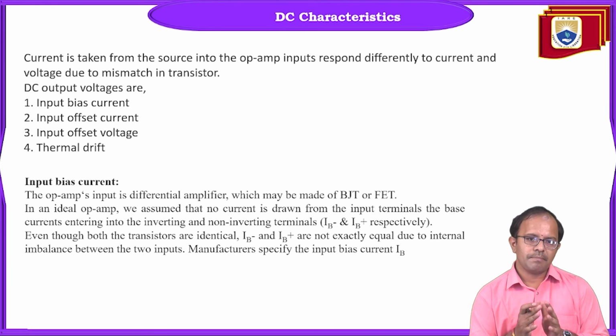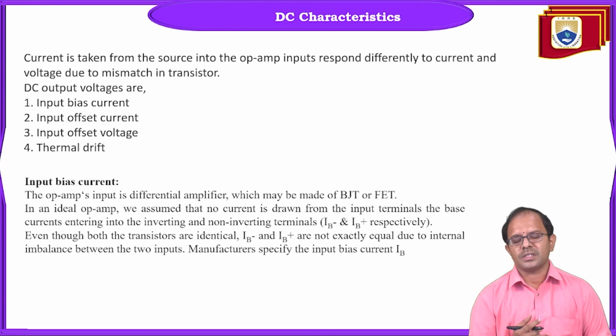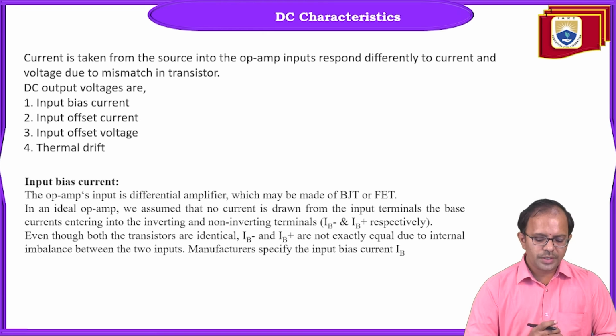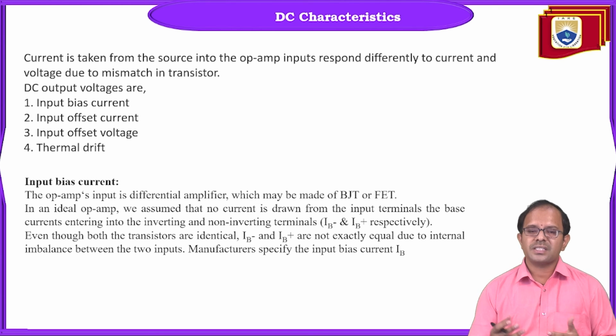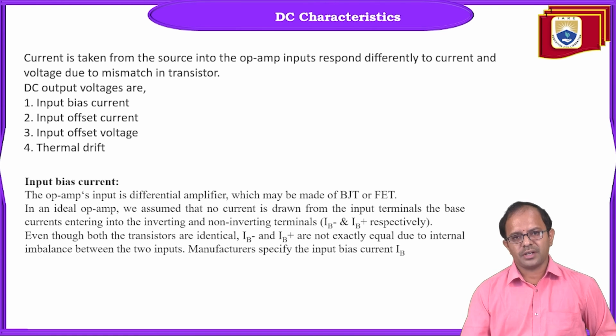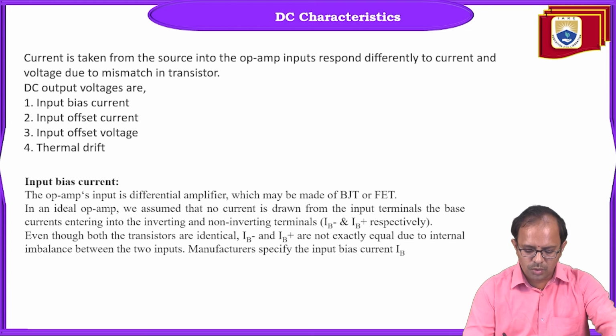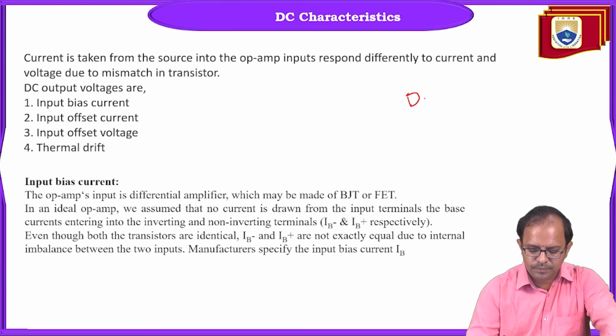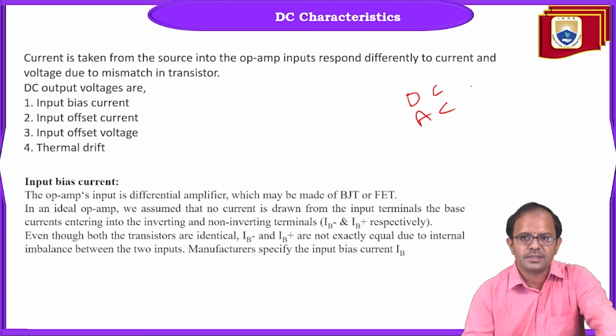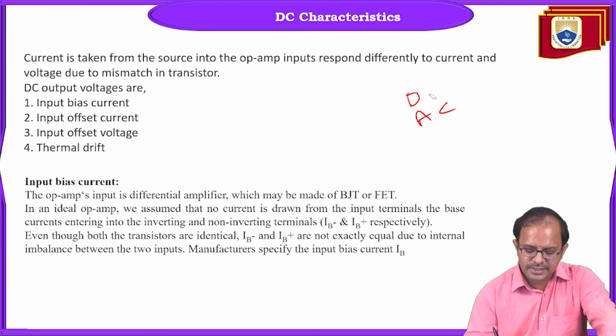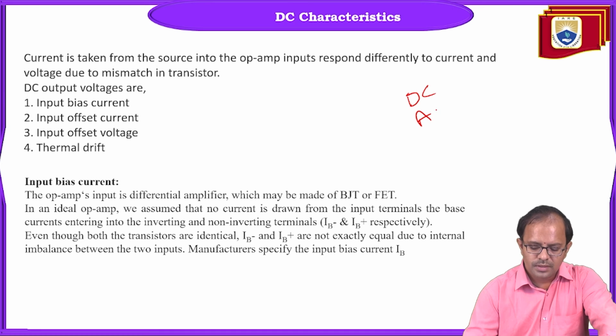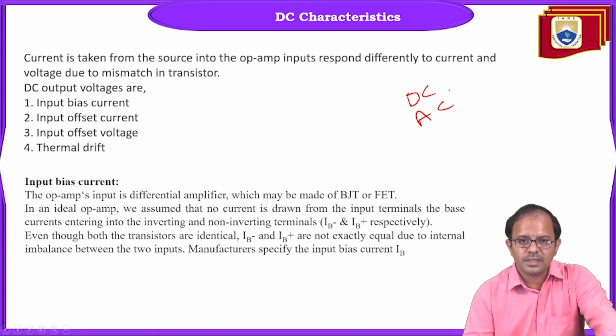Now we are going to see the basic characteristics of operational amplifiers. They are of two types. One is DC characteristics, and the other is AC characteristics. The DC characteristics are nothing but biasing.